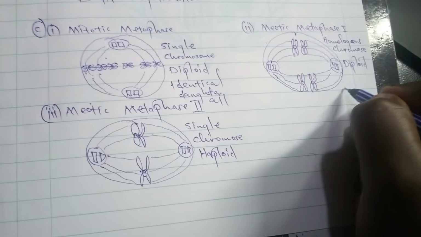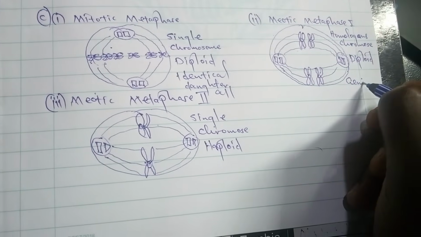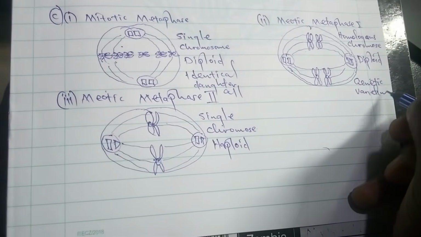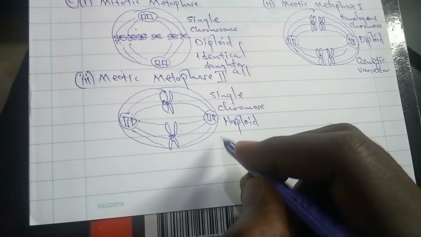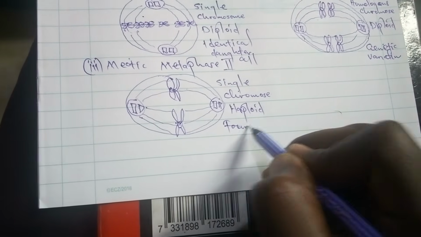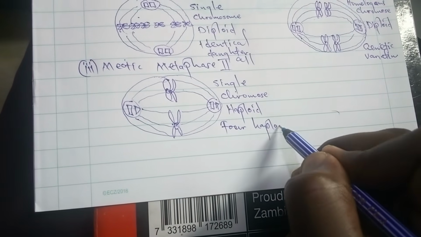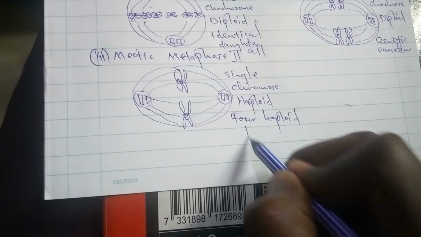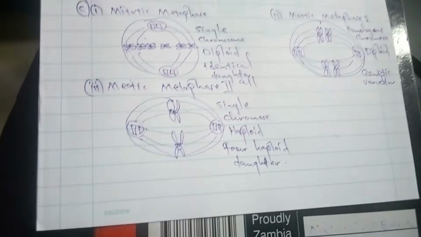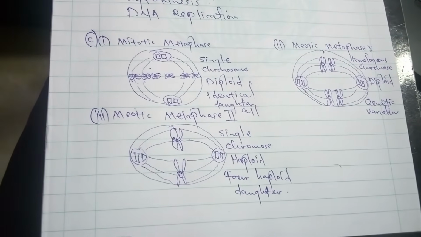This one brings about genetic variation. Then this one brings about formation of 4 haploid daughter cells. So writing like this, it means that you have obtained 6 marks.